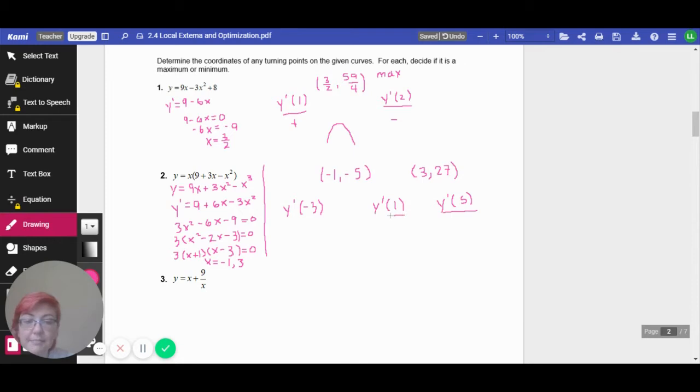Okay, I'm just looking, is it positive or is it negative? Okay, this, remember, gets plugged into the gradient function.